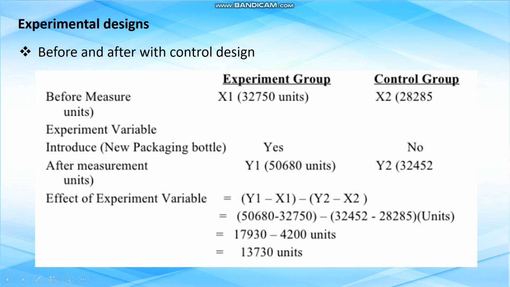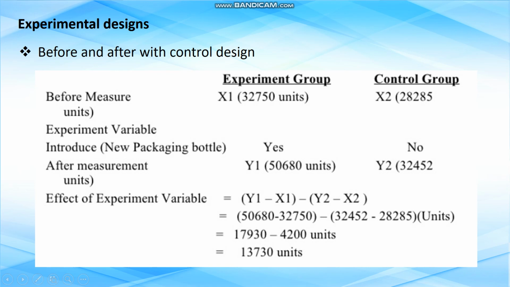That is why the number of units sold is less than X1. The experiment variable introduces the new packaging bottle. For the experiment group, the condition is yes, you change the packaging style, but in the control group, no, you don't change the packaging style.